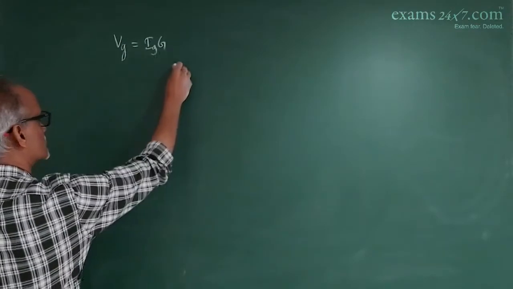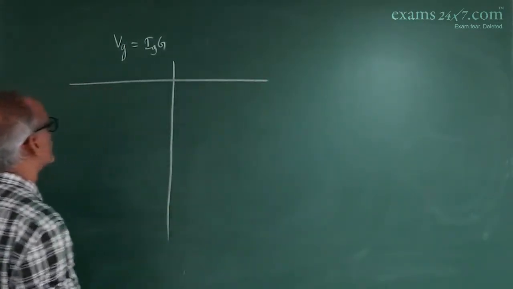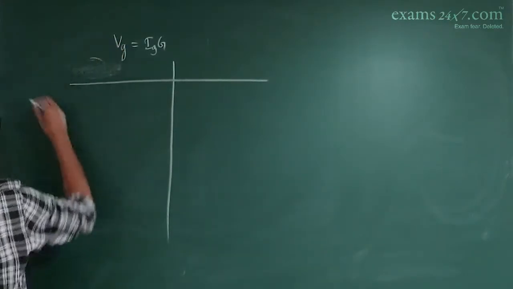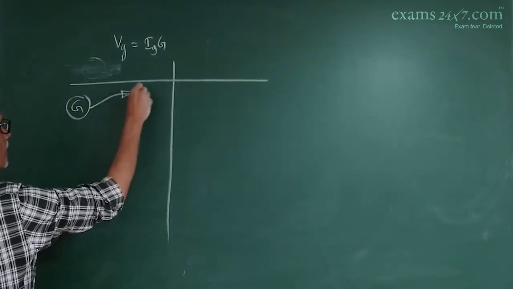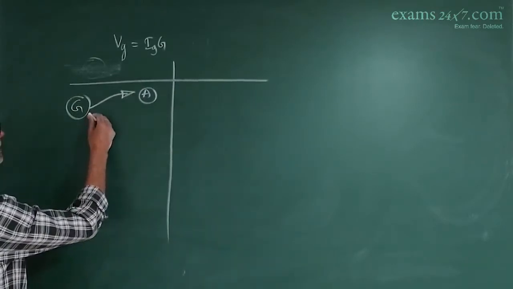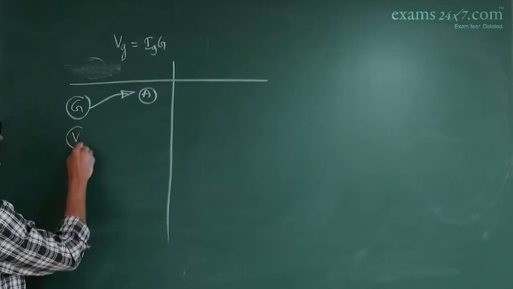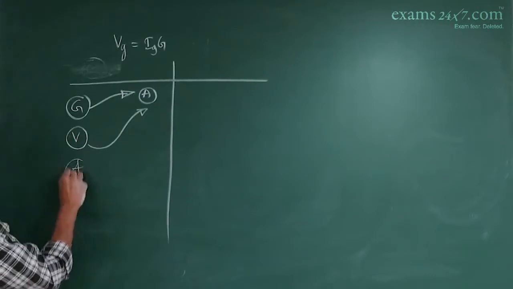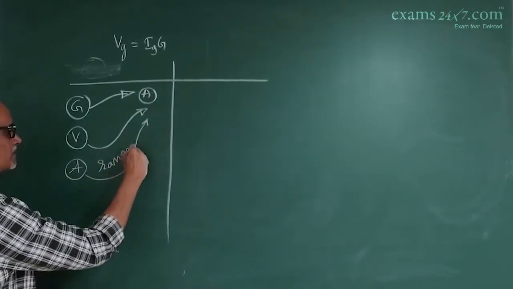And we can always convert a galvanometer into an ammeter. We can convert a voltmeter into an ammeter, and then we can increase the range of the ammeter.